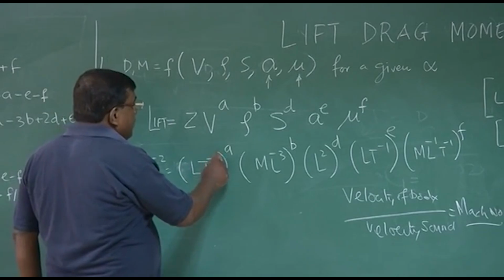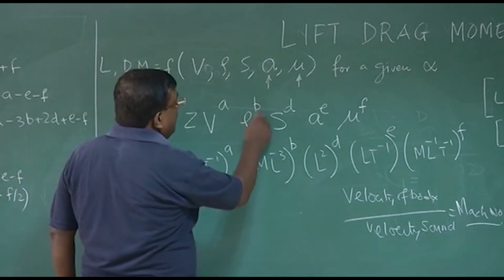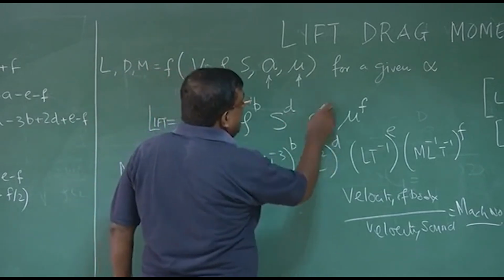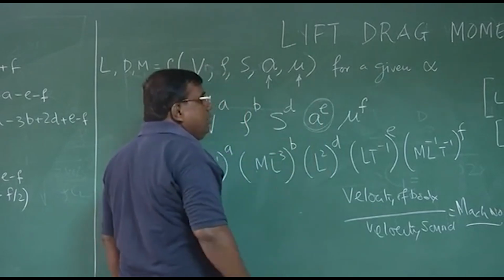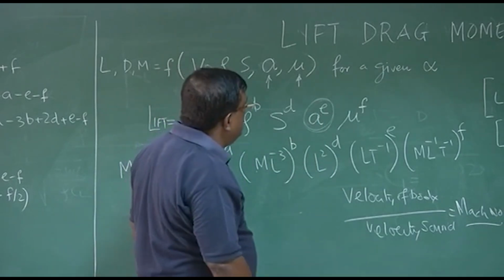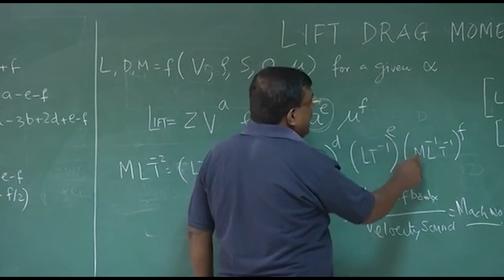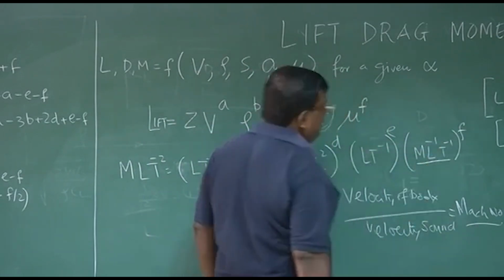So L T minus 1 is V to the power a, then rho is M L minus 3 to the power b, S is L squared to the power d, A is the speed of sound, and that is L T minus 1 to the power e, and mu we have discussed, M L minus 1 T minus 1 to the power f.